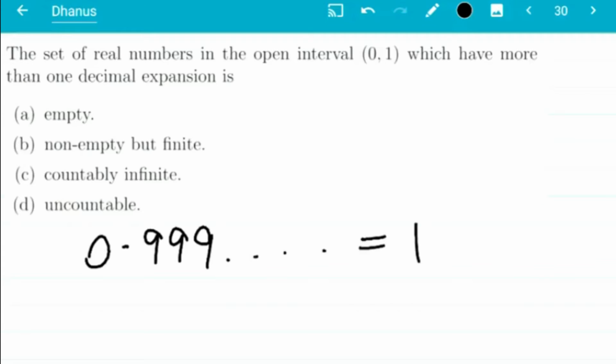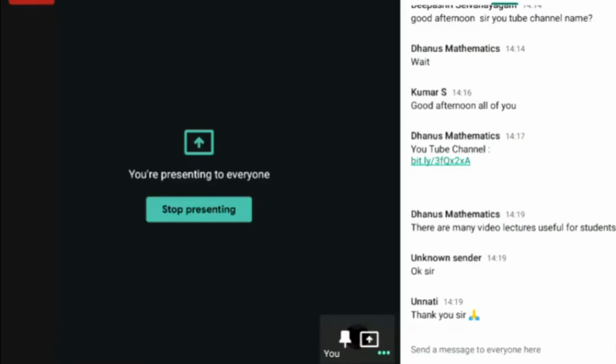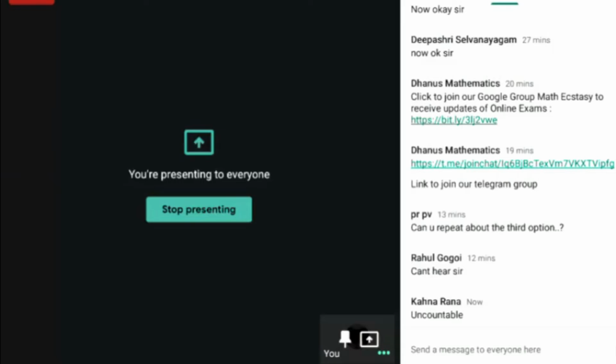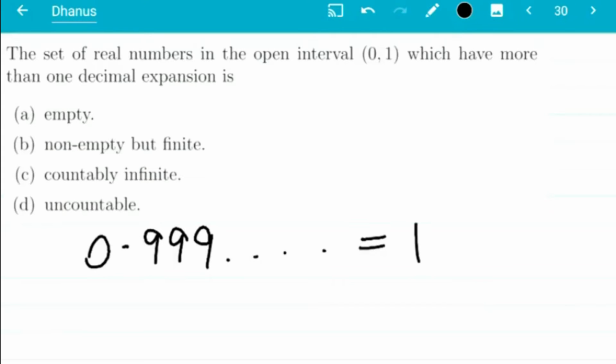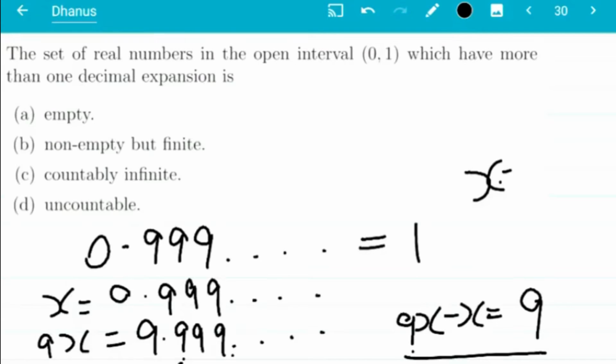First of all, whether it is true. Let me take x equal to 0.999..., and 9x will be equal to 9.9999... Oh, I made a mistake here.